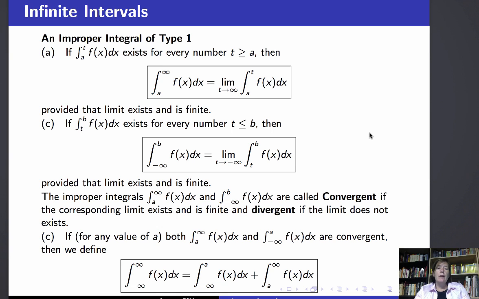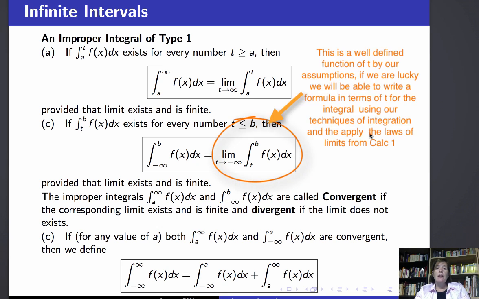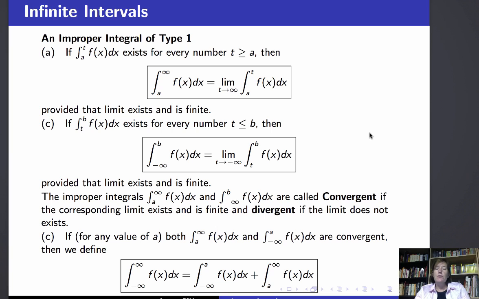And notice we're defining this as the limit of something that's well defined. We've already defined it in Calculus 1. We're assuming they all exist, and we can apply our limit laws from Calculus 1 or our tricks for calculating limits to calculate that limit.